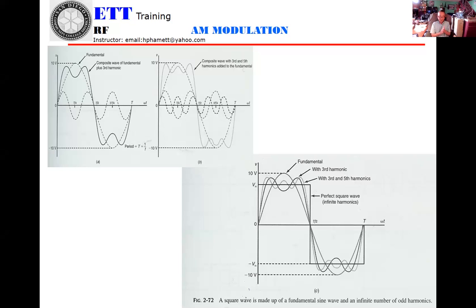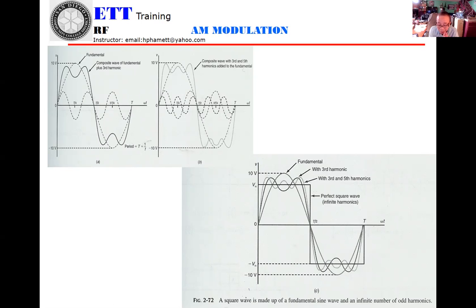Now, what is the basic definition for bandwidth? Bandwidth equals what? Upper frequency minus lower frequency? It is the difference between the upper cutoff point and the lower cutoff point.